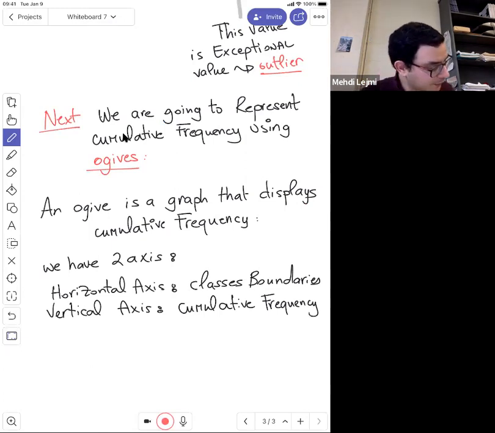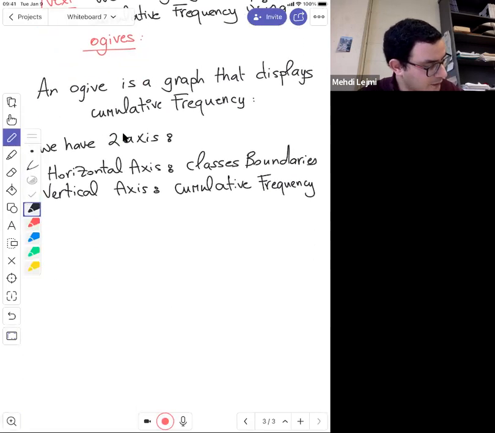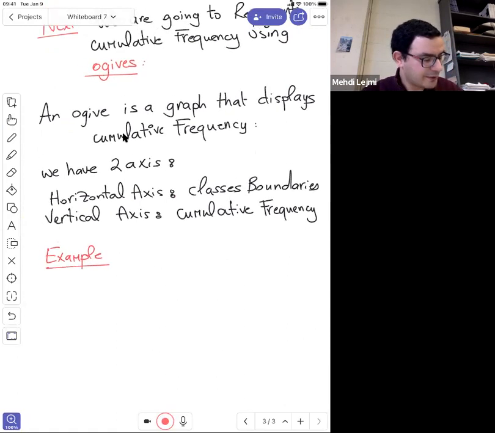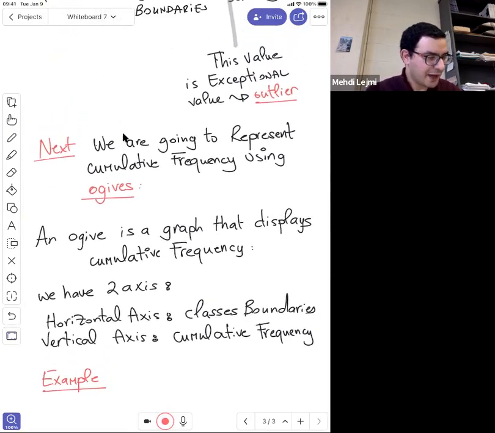So let's have an example. I'm going to show you how to graph this ogive. You know what? I'm going to again use the same example with the speed of the 24 cars on the highway.